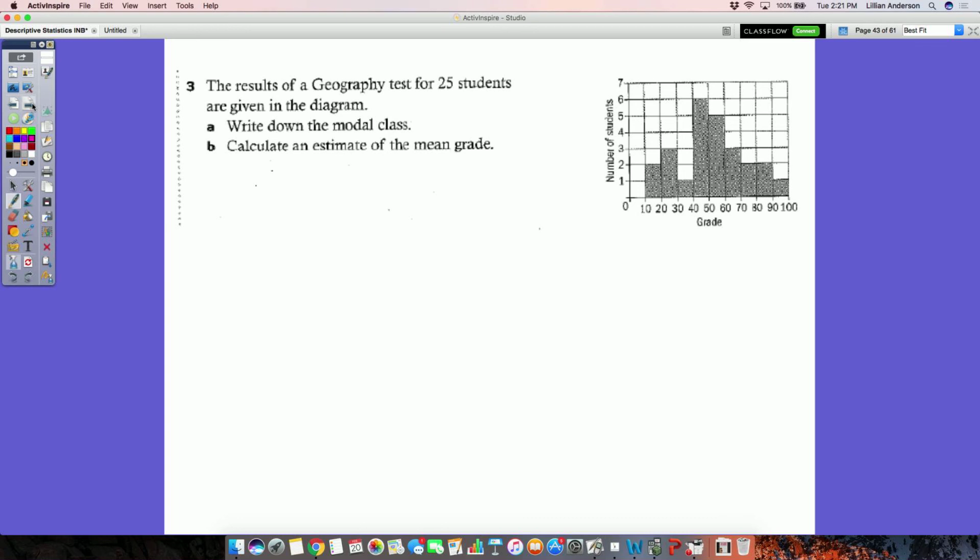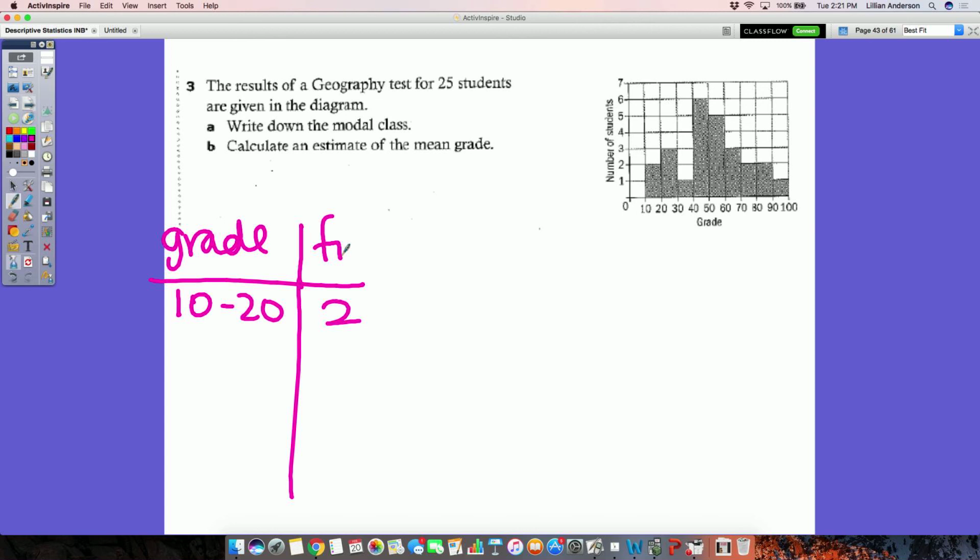What would be my first class if I wanted to recreate this table? 10 to 20. What would be the frequency of that particular class? It'll be 2, because it would be however high up that bar goes. So we got our grade, and we got our frequency, which represents our number of students.